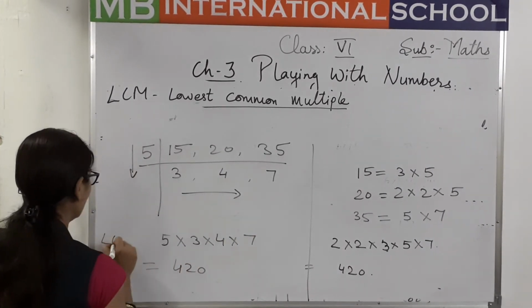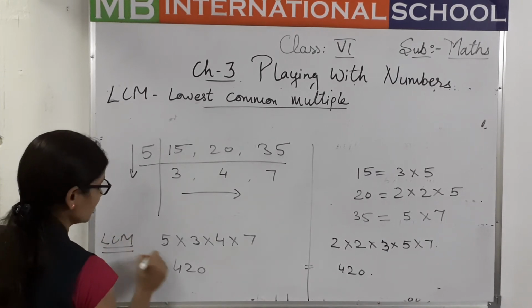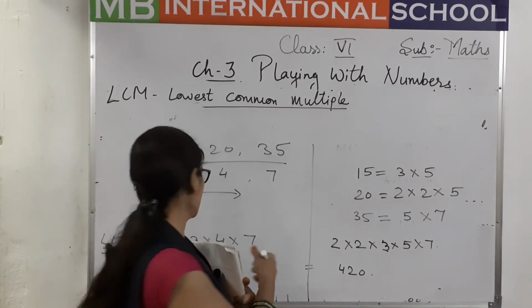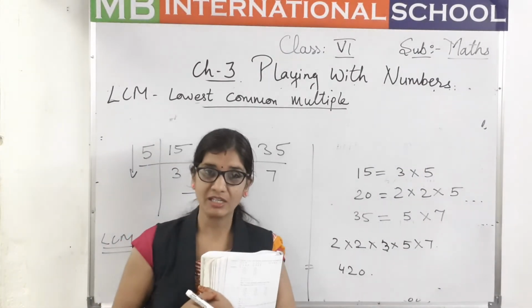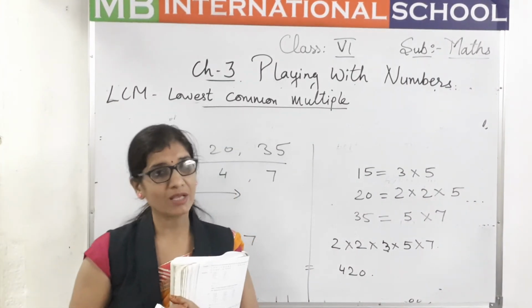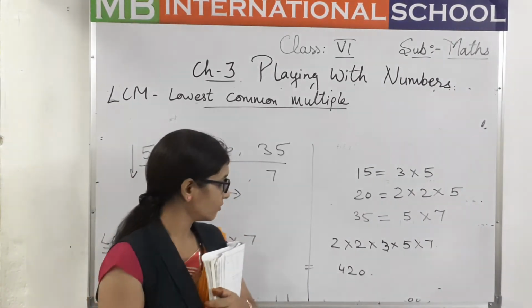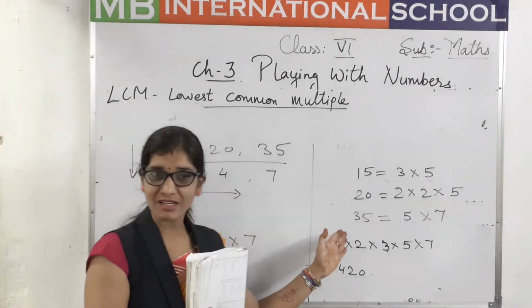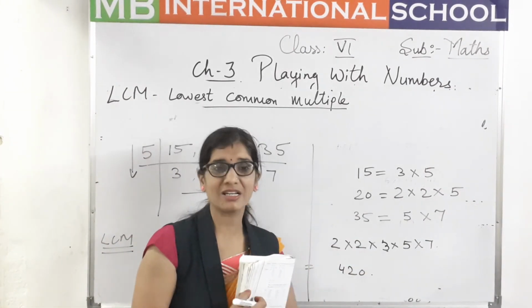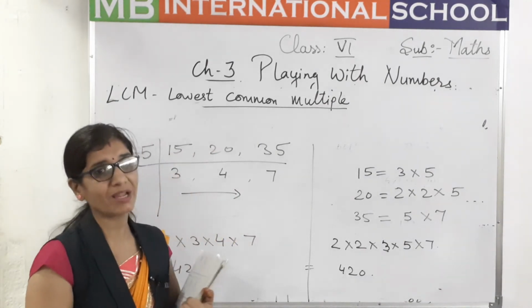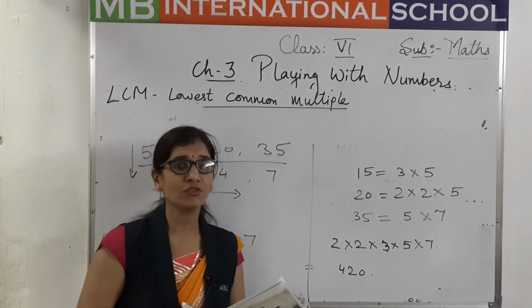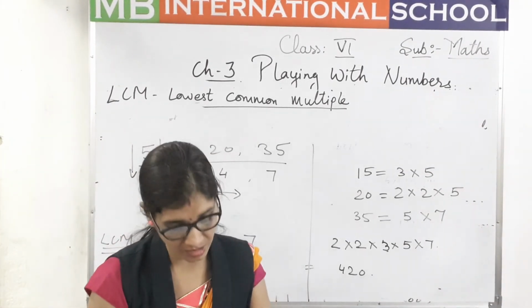Just now we got the answer 420 by the prime factorization method, and by this method also we got the answer 420. So we can solve it by both methods. If you find the prime factorization method easy, you can solve it by that method, otherwise you can solve it by the division method. So LCM of numbers can be calculated by this method.